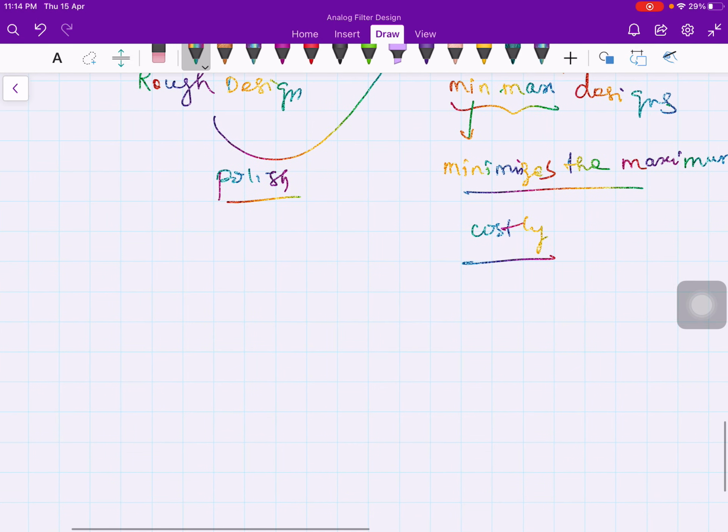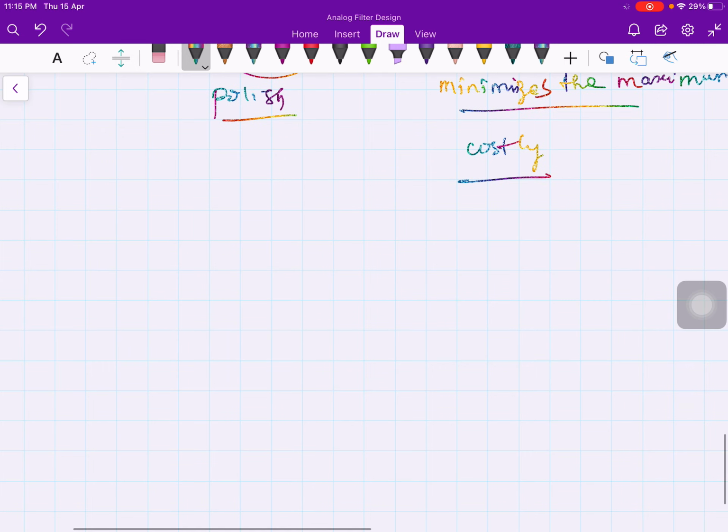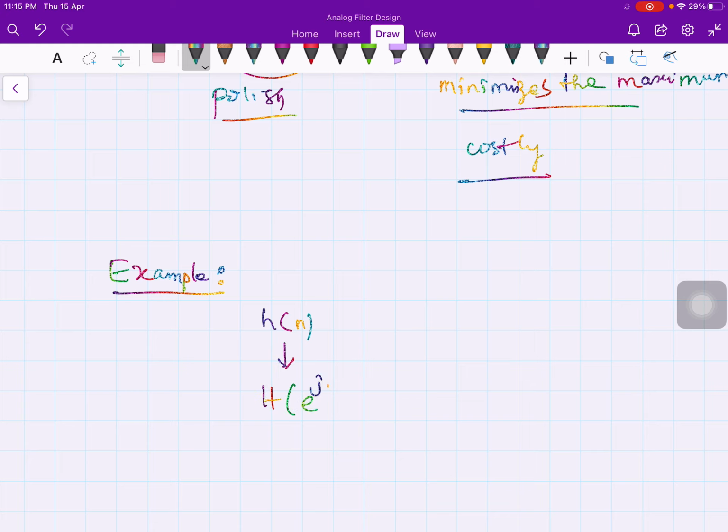Now the philosophy used in windowing is extremely simple. For example, you have been given a desired transfer function. We are discussing the discrete time domain. So for h of n, if you take the DTFT, you will get H of e to the j omega.